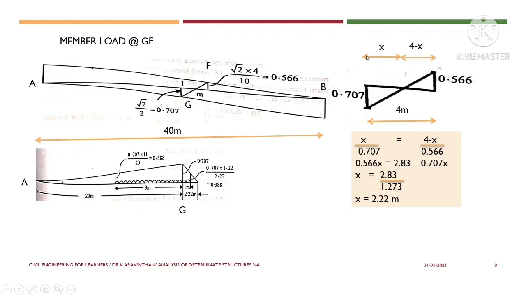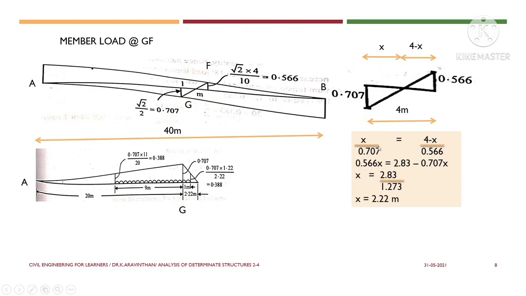So you don't know the distance x where it reaches the midpoint M. In order to find that, you can use the vertical by horizontal ratio. So this is the vertical 0.707 by x, which is one ratio, and 0.566 by 4 minus x is the other vertical by horizontal ratio.